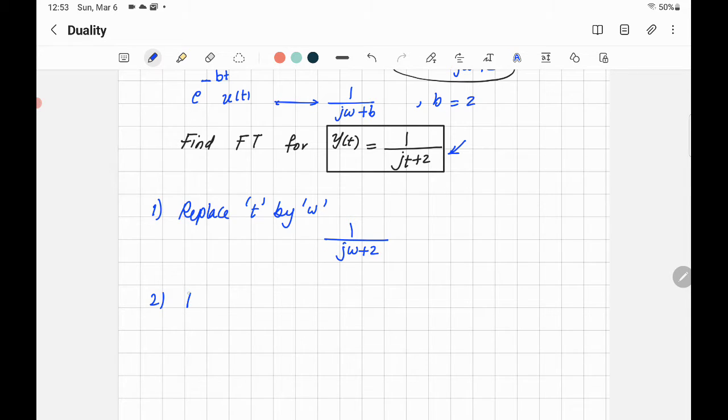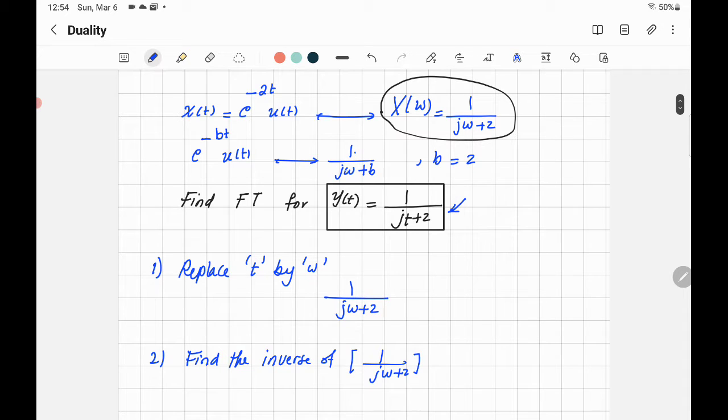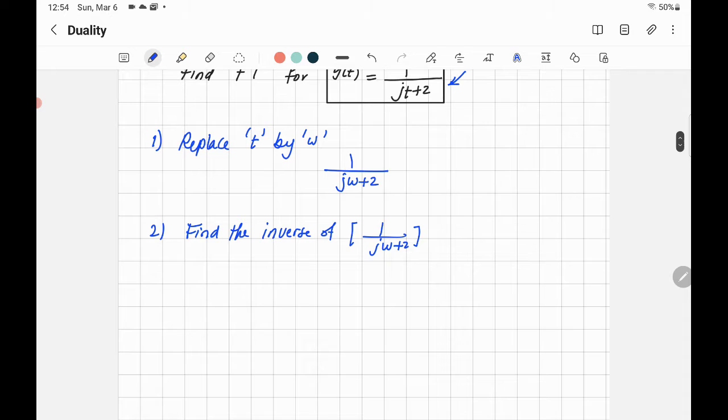Second step, find the inverse of what you got, 1 over j omega plus 2. Well, we know from the table 1 over j omega plus b gives e to the minus bt u(t), so that will be equal to e to the minus 2t u(t). So that will be your x of t, the corresponding one.